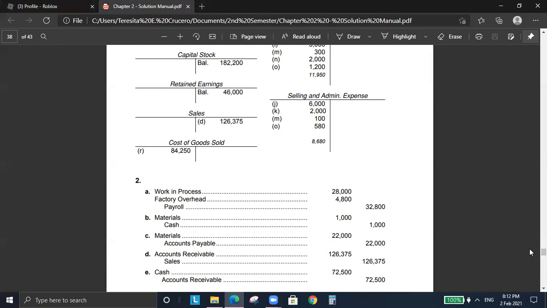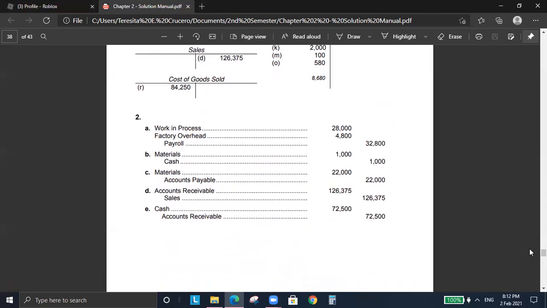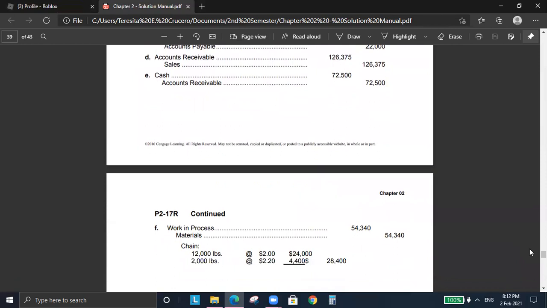Then also in letter D, sales on account, debit accounts receivable and credit sales. Then letter E, accounts receivable collected, we now debit cash and credit accounts receivable. Then in letter F, materials used during October using FIFO costing.